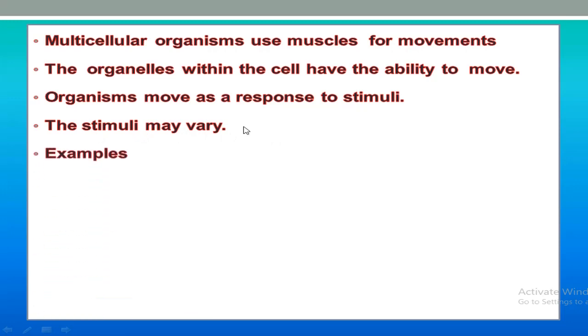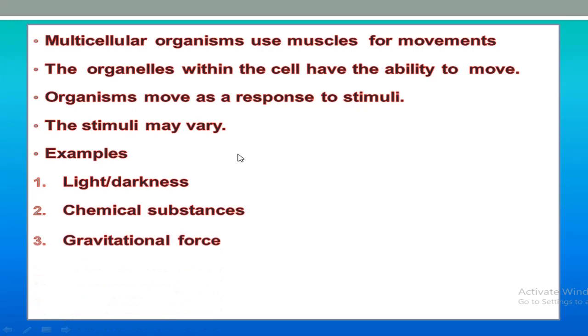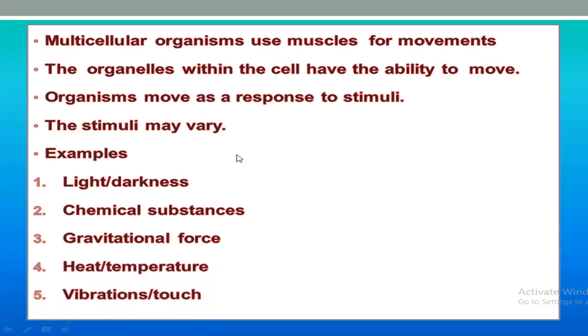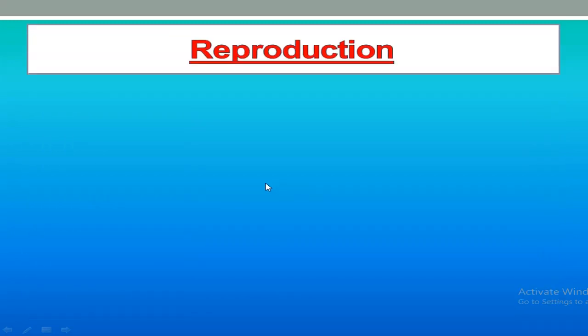In our previous topic we also learnt about stimuli. Examples: light or darkness, chemical substances, gravitational force, heat or temperature, vibration or touch. Those may be stimuli, and organisms move as a response to these stimuli. Then we will go to our next topic, reproduction.